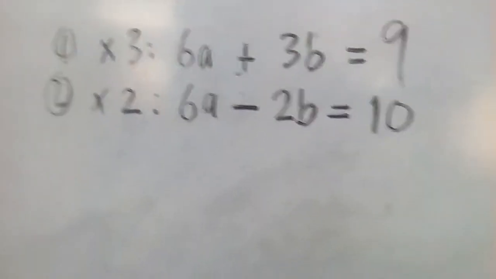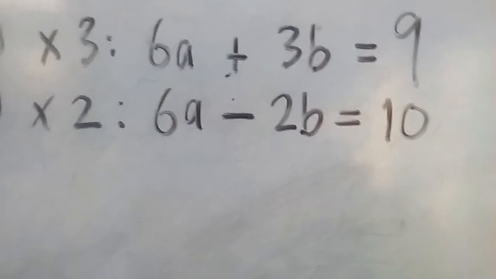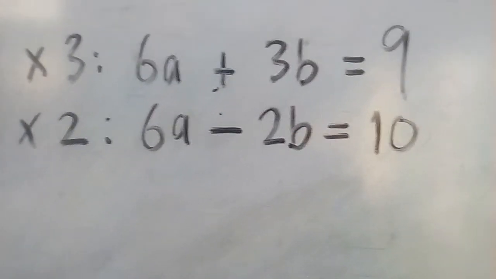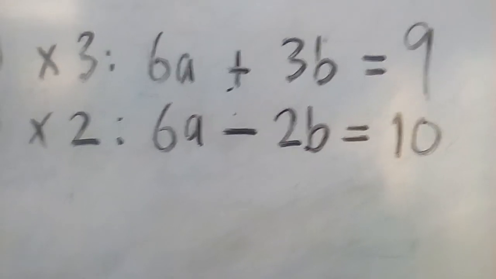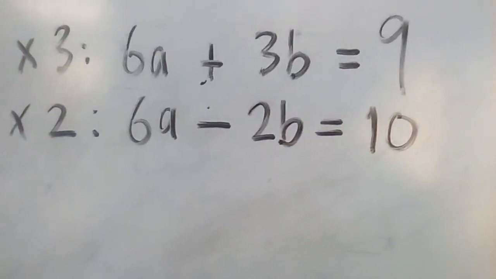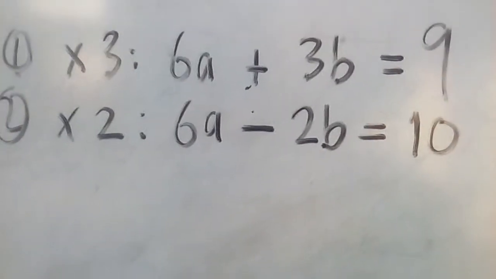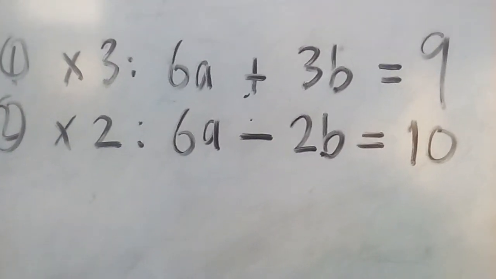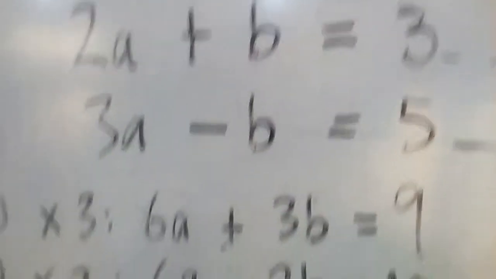So let's focus on these two now. You would see that right now a has the same coefficient, which is what we wanted to achieve. And remember how we started was we decided on what to eliminate. The reason why we chose a, we could have chosen b. In fact, it's even easier to eliminate b from this set of equations than a.